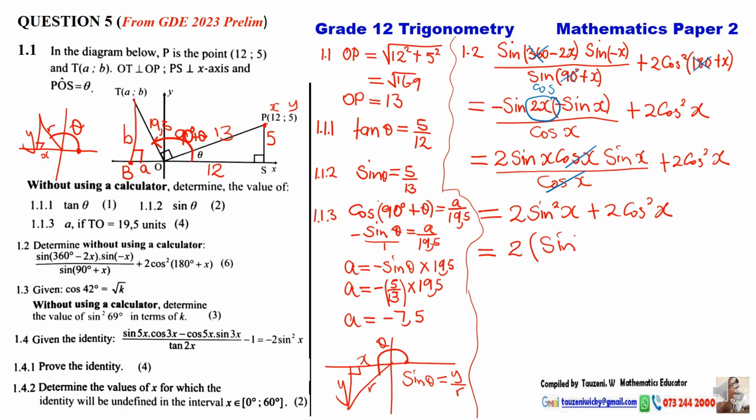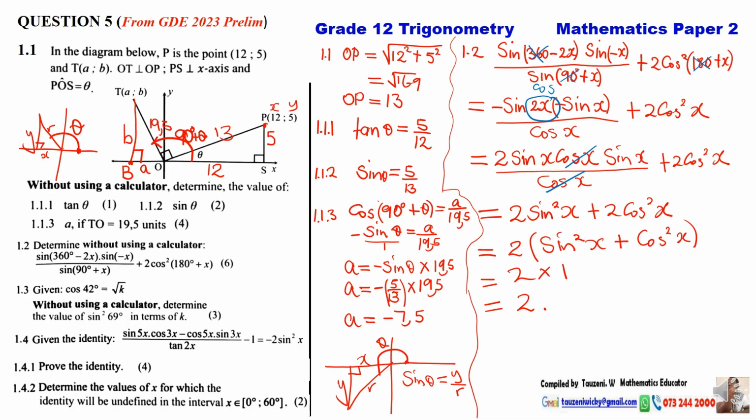Cos squared x plus sine squared x is equal to 1. So to apply that identity, we use the factorization. If you factor out 2, then you're going to have sine squared x plus cos squared x is equal to 1. So this now gives us 2 times 1, and the answer eventually to this question is equal to 2.